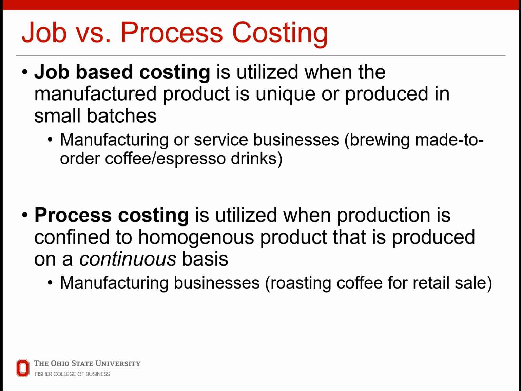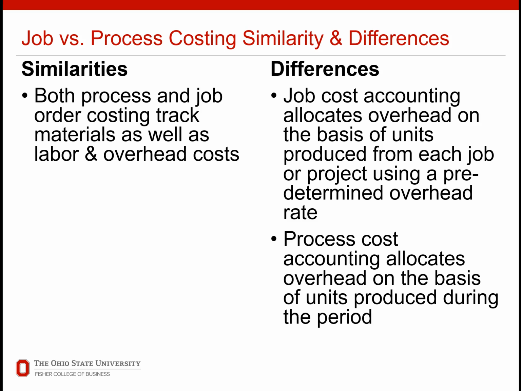So in essence, these are manufacturing businesses. If I were roasting coffee for retail sale in a grocery store, process costing would be the appropriate way to account for those costs, at least on a managerial accounting basis, versus if I were producing made-to-order coffee or espresso drinks, then I'd be using a job costing method.